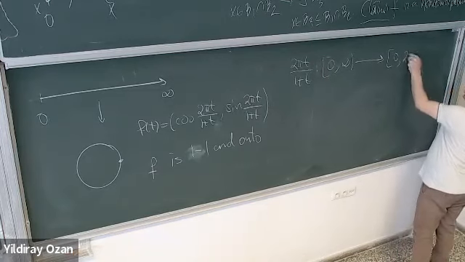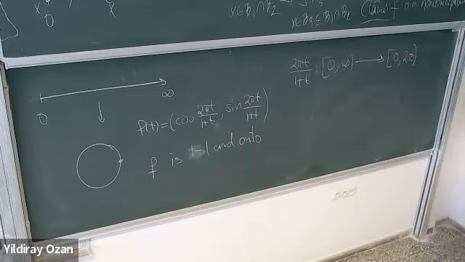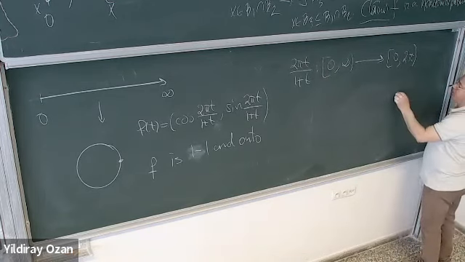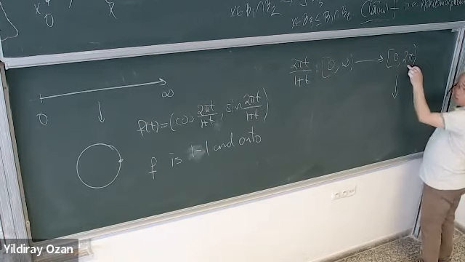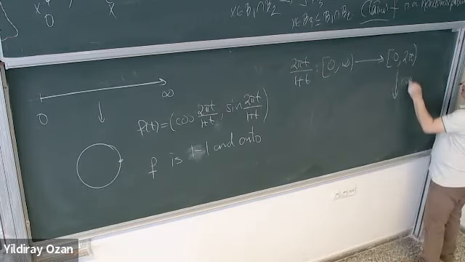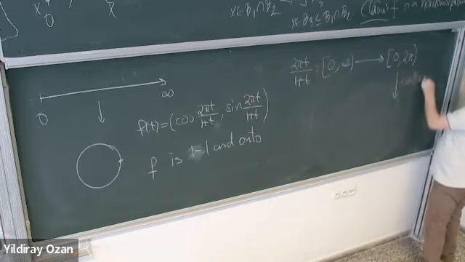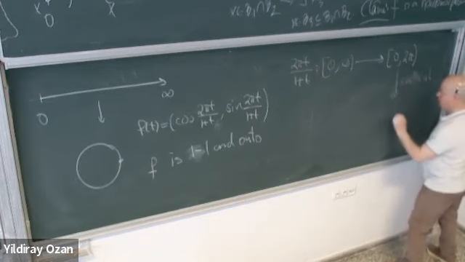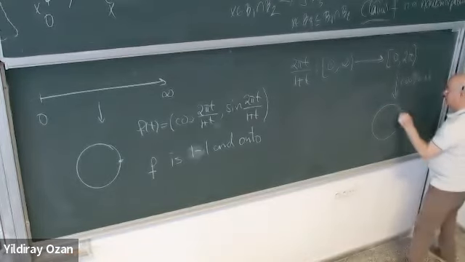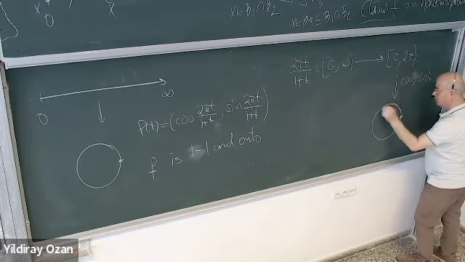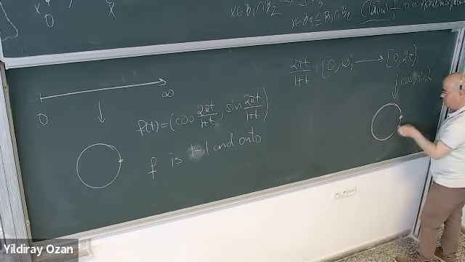Sorry, yes, 2 pi. So it goes here like this. And then you go from 0 to 2 pi by cosine and sine. So it takes this interval and just sends it to the circle. 0 is this point, and then up to 2 pi.